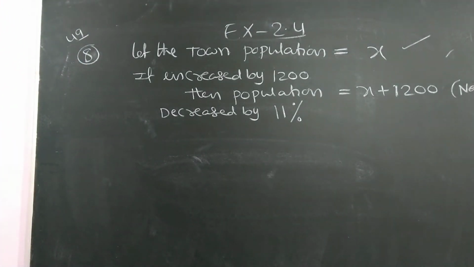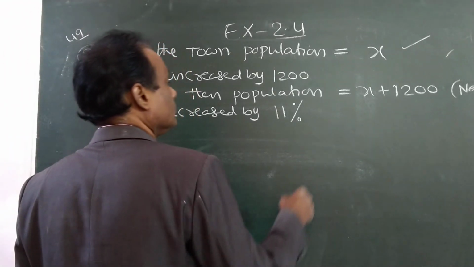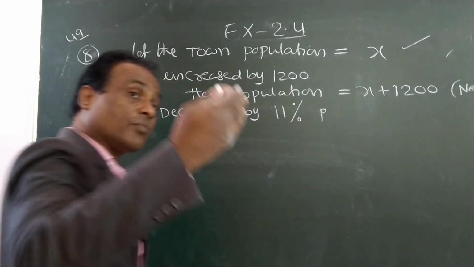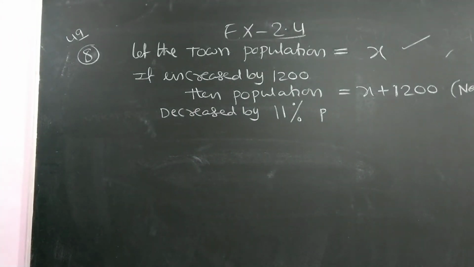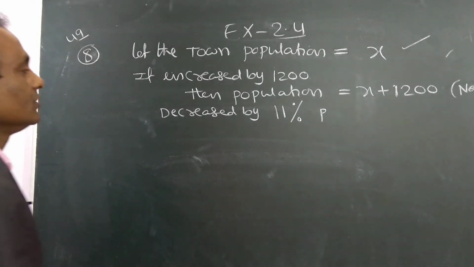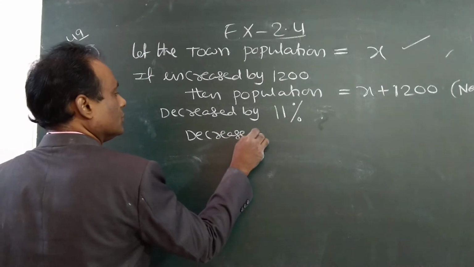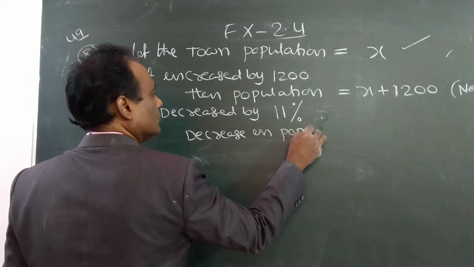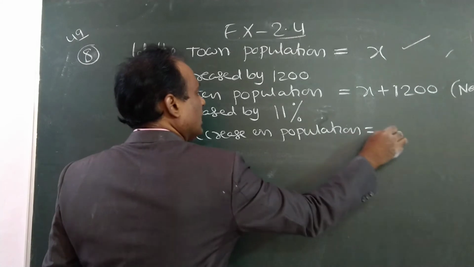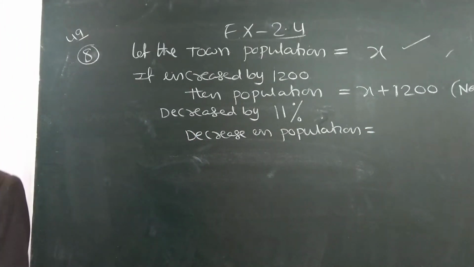So you have to remember the percentage concepts from lower classes. The new population is decreased by 11%.